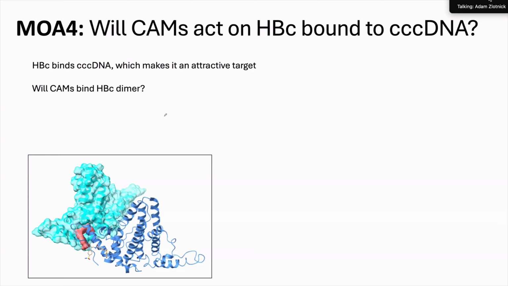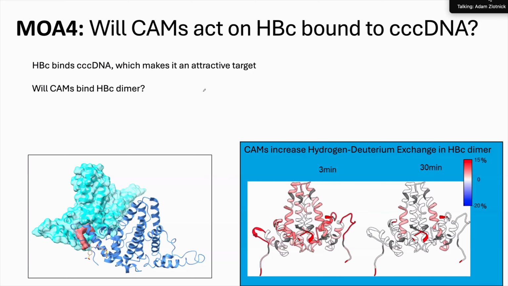For CAMs to have this alternative activity, one would expect a CAM to bind to an individual dimer. And recent work from my lab in collaboration with Brian Bothner's shows that when CAMs are added to free dimer, not capsid, it led to an increase in hydrogen deuterium exchange across the molecule.